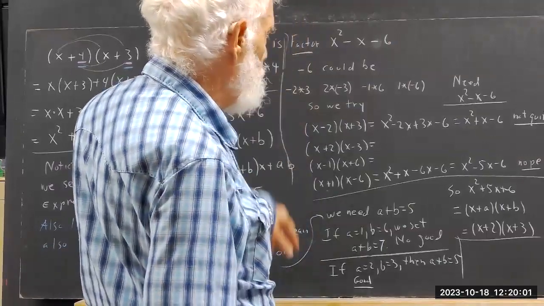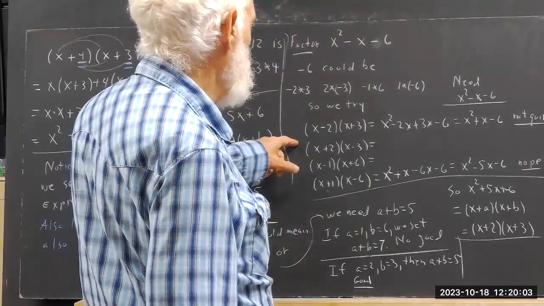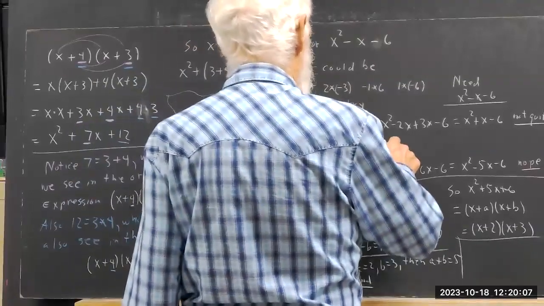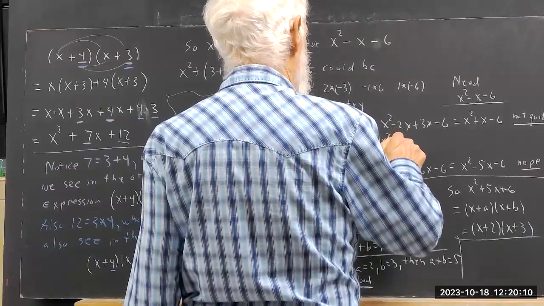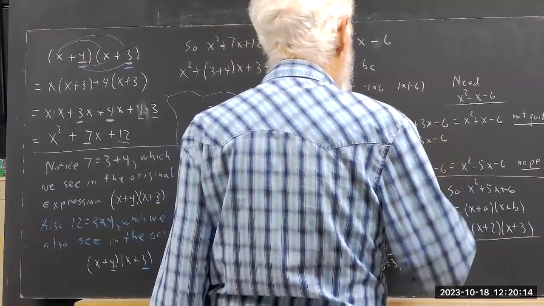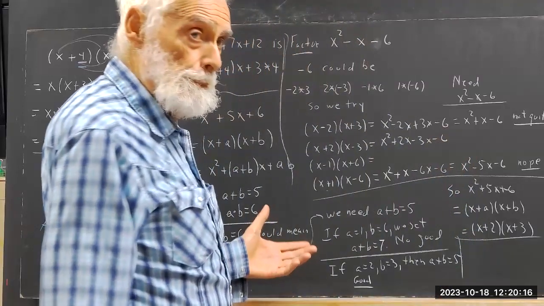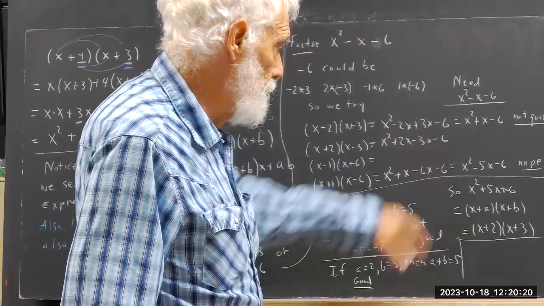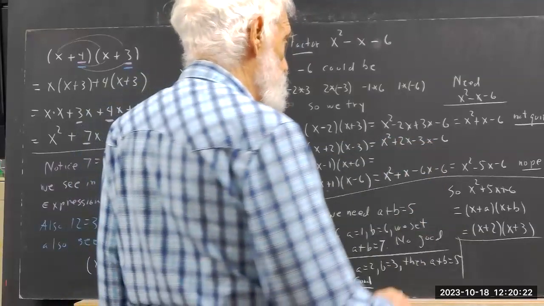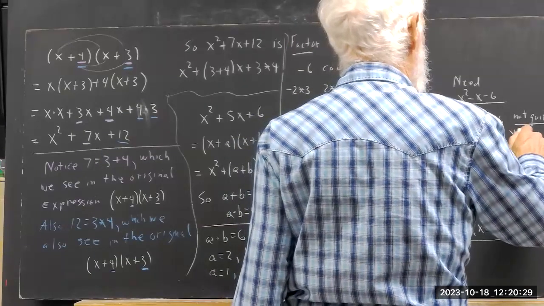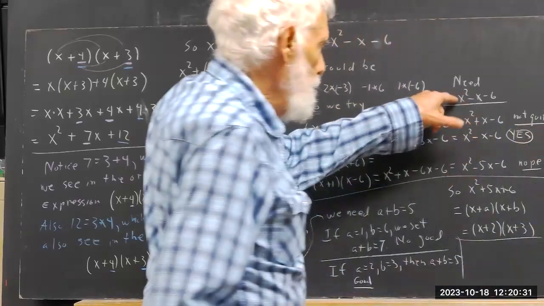Okay, we tried the first one, the last one. Let's try the second one, and then hopefully if that doesn't work, the third one will. Well, the second one, if you work it out, gives us x squared plus 2x minus 3x minus 6. And that matches what we need.